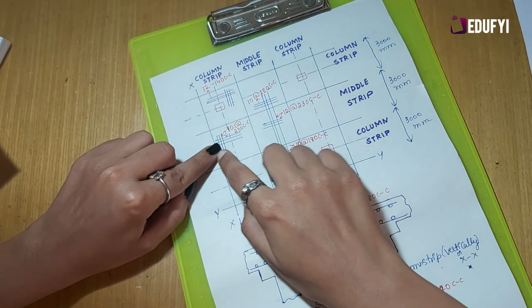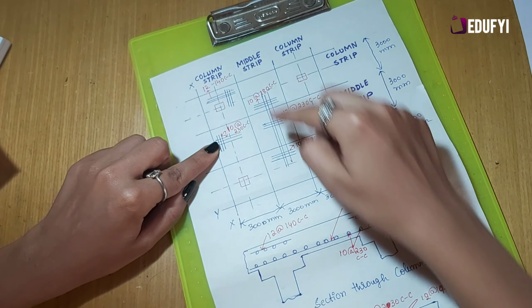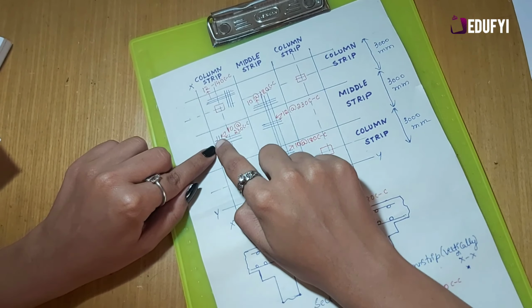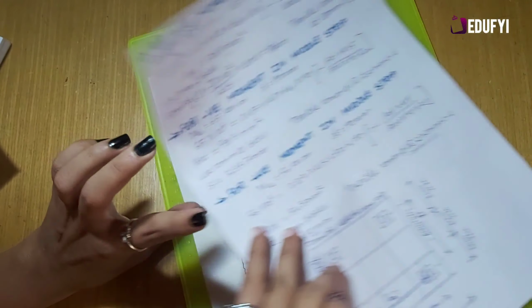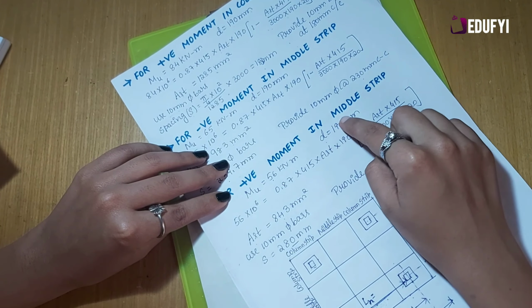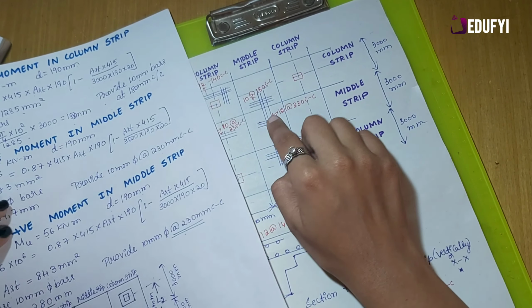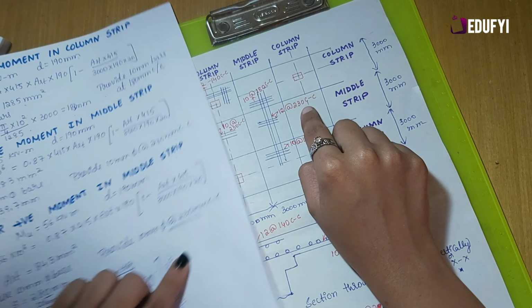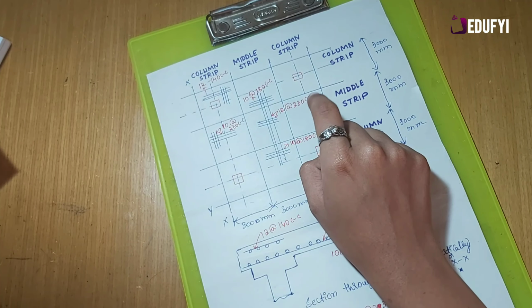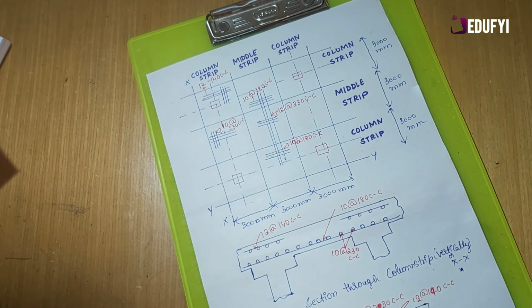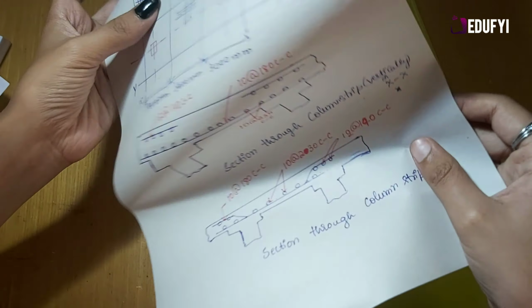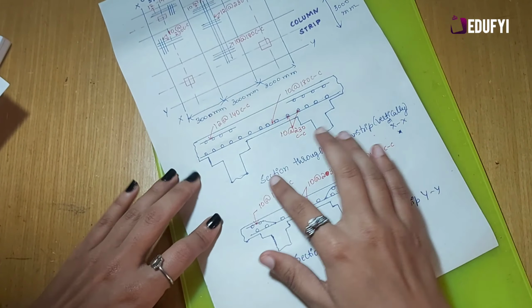So negative moment in middle strip here, here, here, here, that is 10 at 230 center to center. Again positive moment in middle strip, that is 12 at 230 center to center.